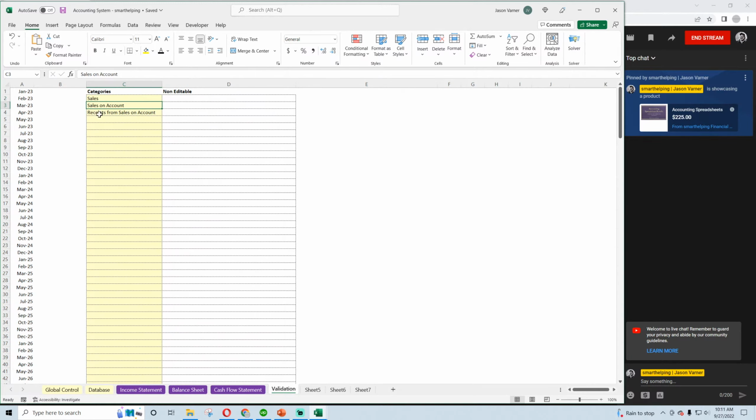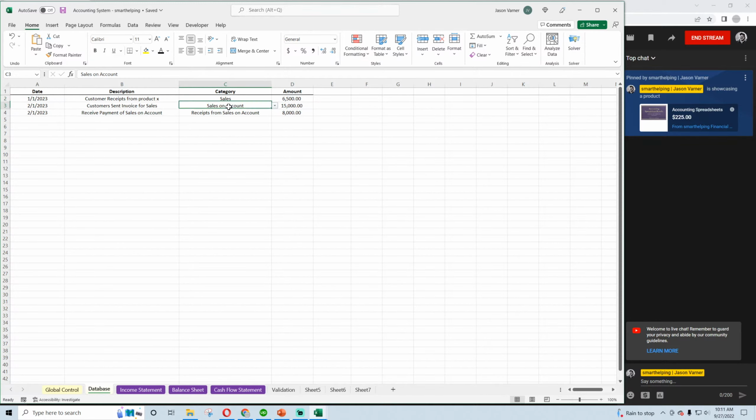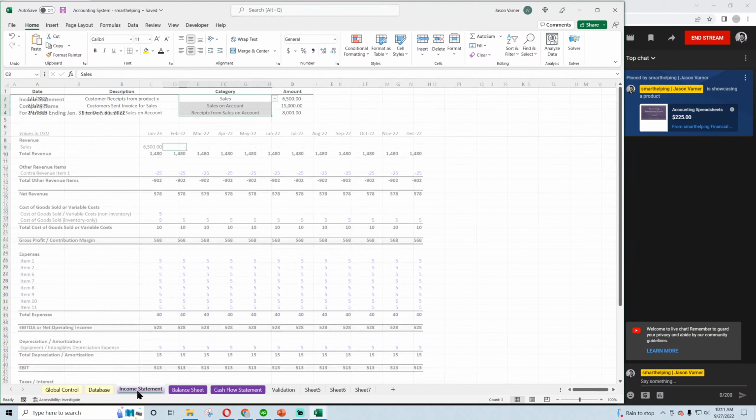But these are not going to be able to be changed, and that way you won't have an error as long as you're using the dropdown and all your data is fitting in the dropdown. There will be no errors. So sales, sales on account, receipts from sales on account. Those three, that's it. That's the only labels we can do for categories for collecting money.